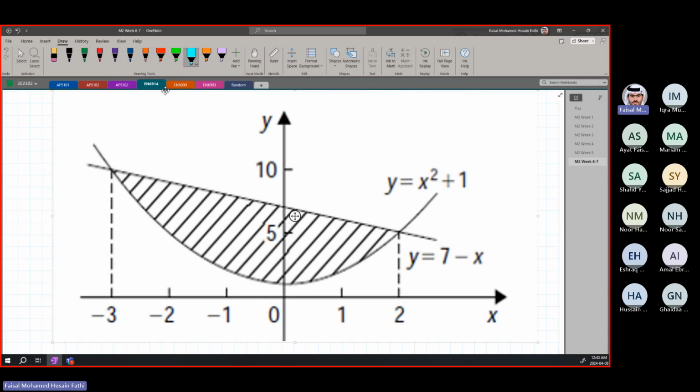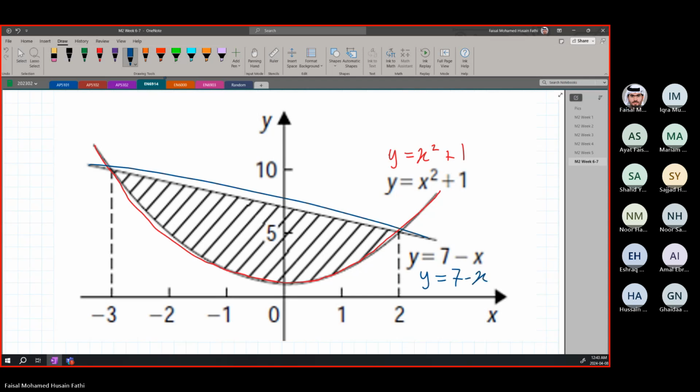You have the curve y equals x squared plus 1, which is this red curve over here. I'm going to try my best to draw it as neatly as I can. And then you have the straight line, which is y equals 7 minus x, which is the straight line over here.